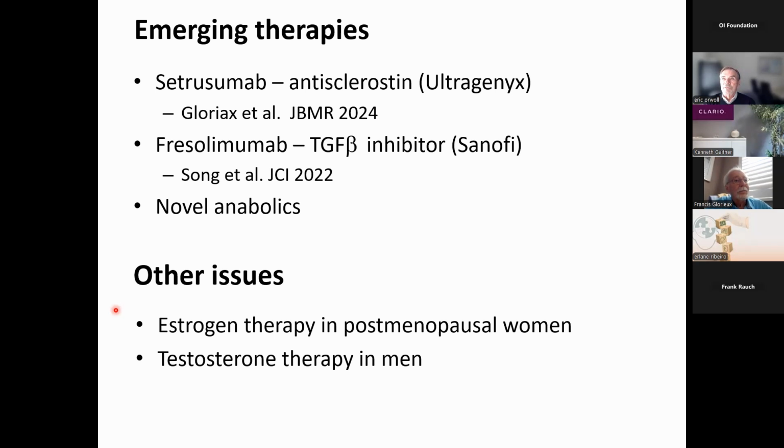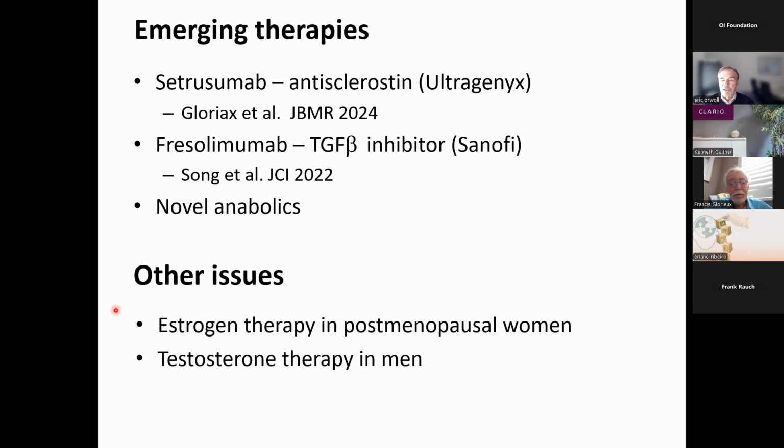We can presume that estrogen replacement therapy would have beneficial effects on bones in women with OI. Of course, estrogen therapy is complicated, and there are a host of not only benefits but also risks to be considered with estrogen therapy in postmenopausal women. So it's a complicated decision and needs to be individualized.